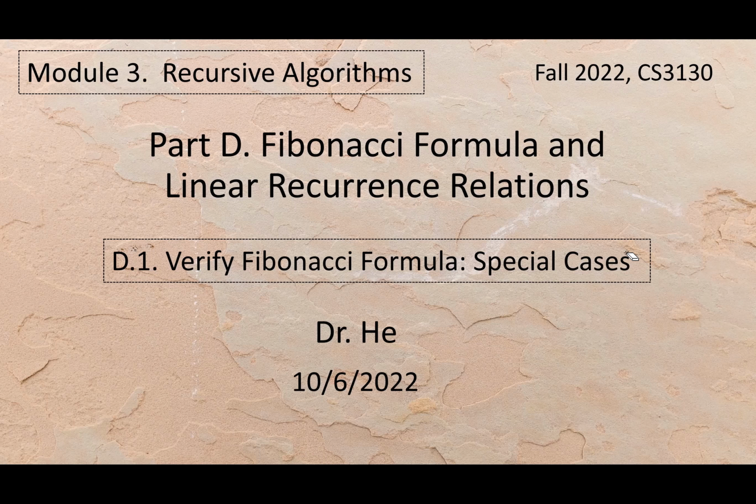The title: Fibonacci formula and linear recurrence relation. You can see in these two topics, we will do those two steps, verification step. So the first topic, Fibonacci formula, corresponds to the verification step.